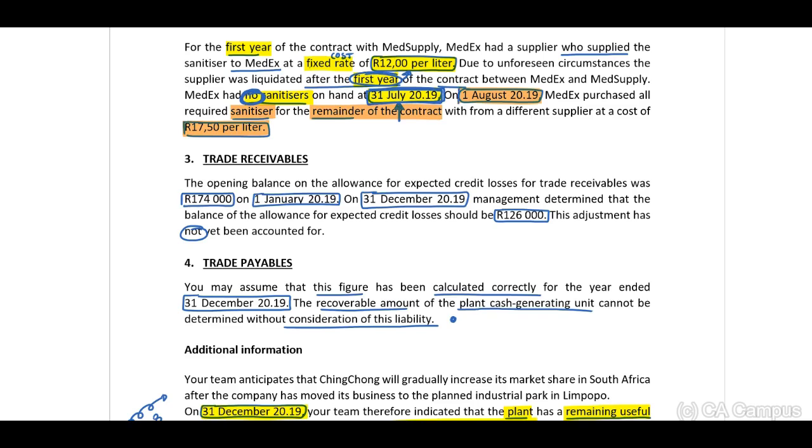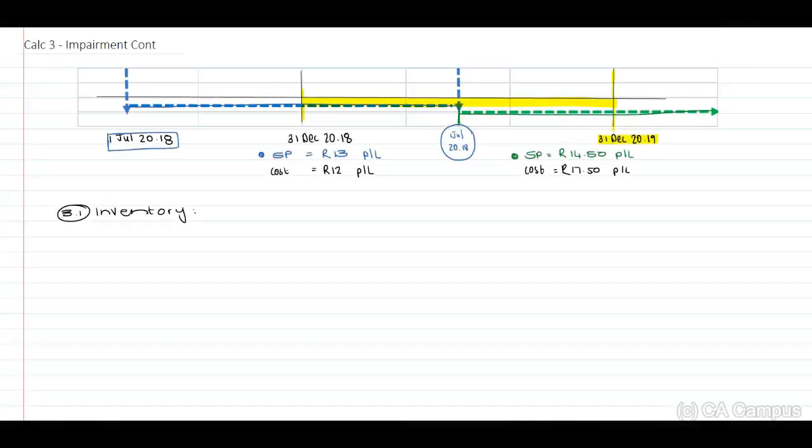And then on 1 August 2019, they've purchased the sanitizers at 17 Rand 50. Therefore, for the first year, we were able to purchase the stock at 12 Rand per litre. For the second year, at 17 Rand 50 per litre.